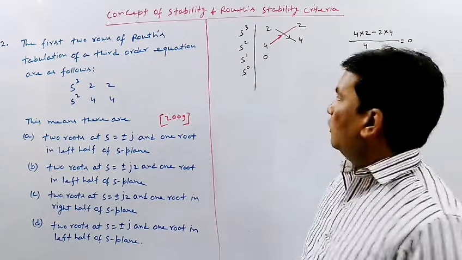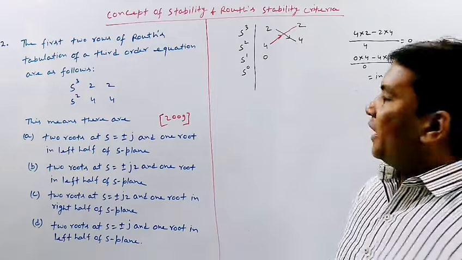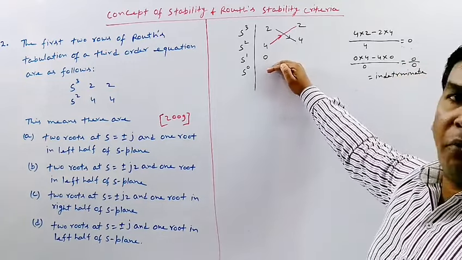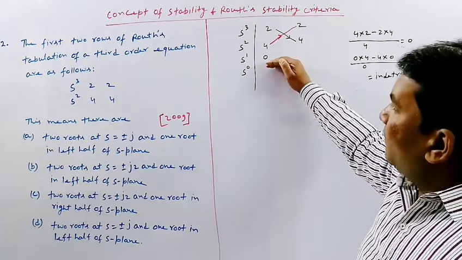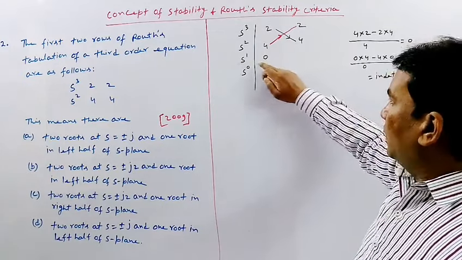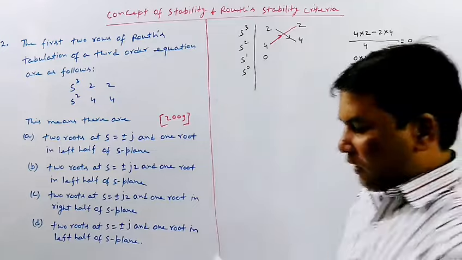Now what do we have to do? We have to make the equation from the elements above that row of zeros. This is the row of zeros.